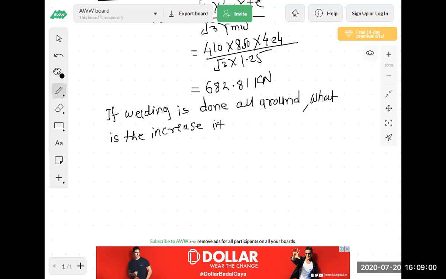Increase in strength, that they have asked. If welding is done all around, what is the increase in strength?